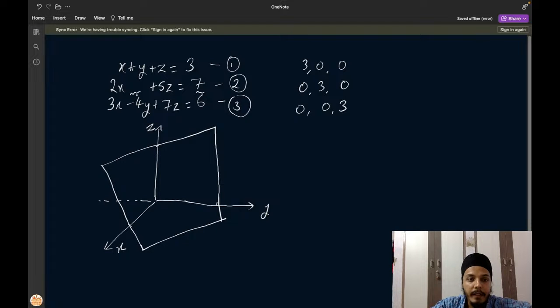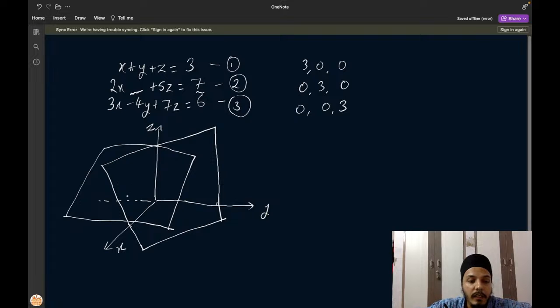We can take any value for y, so 2x plus 5z will satisfy 7 for any value of y. Now let us make this plane. So this plane will be something like this. These are the two planes.